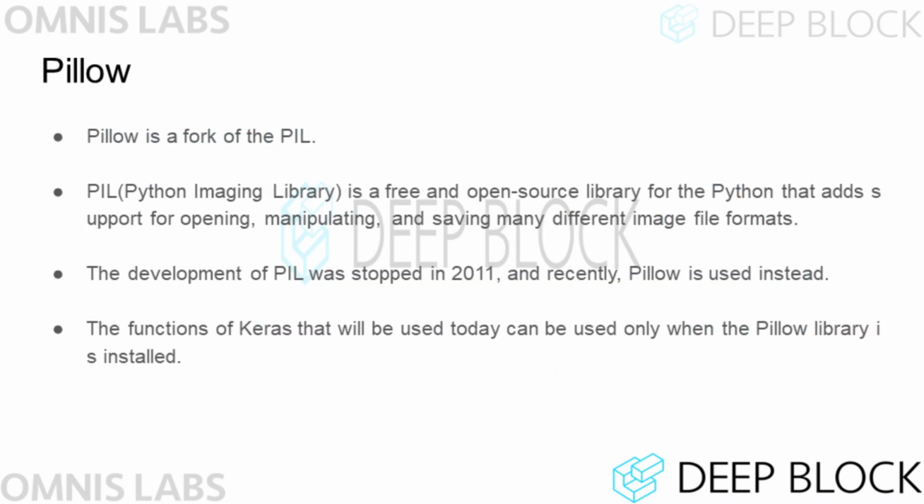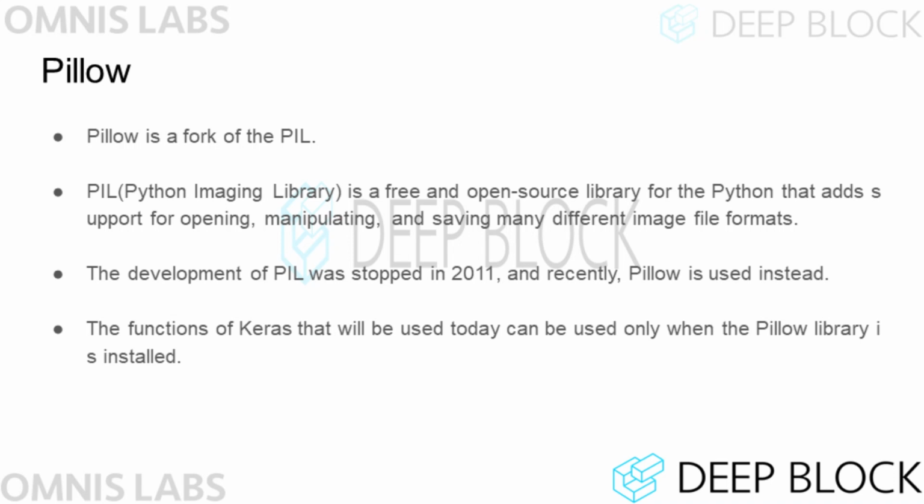In order to use the functions and classes you learned today, you need to install a library called Pillow additionally. Pillow is an image processing library that is a fork of PIL. PIL is an open source image library which was developed until 2011, but since then, the development of PIL was stopped.